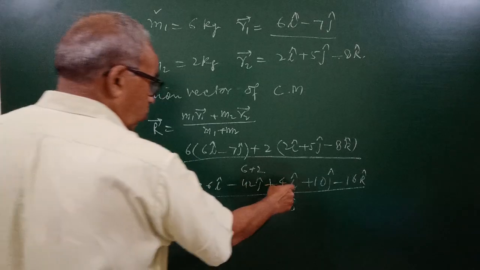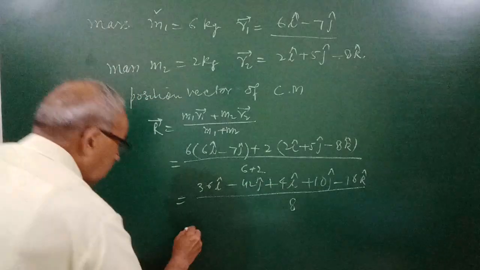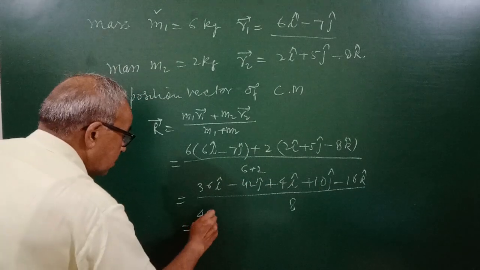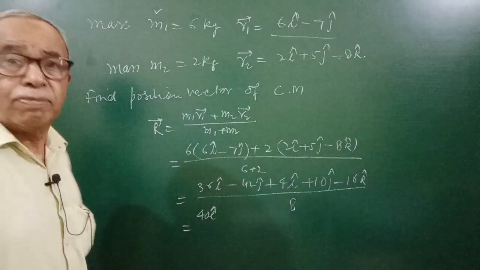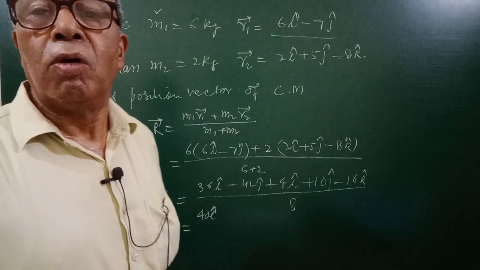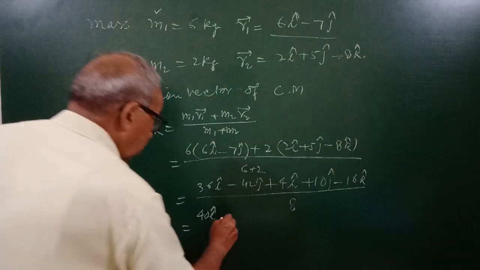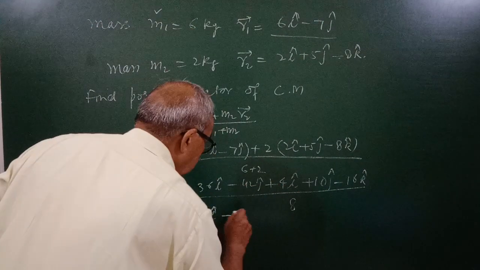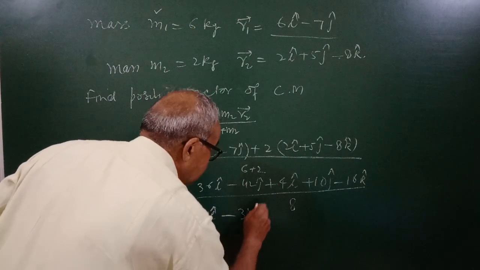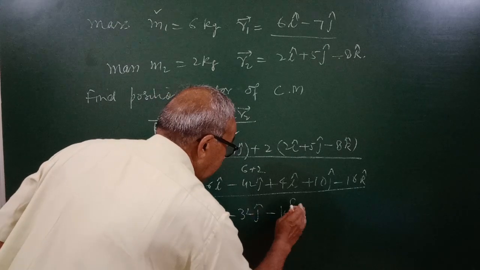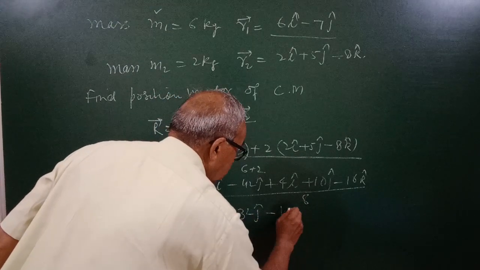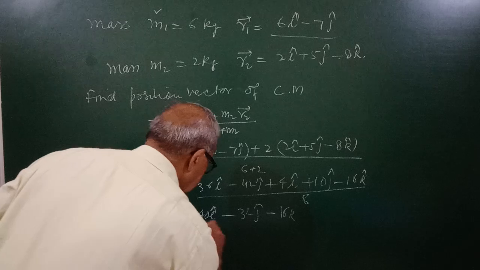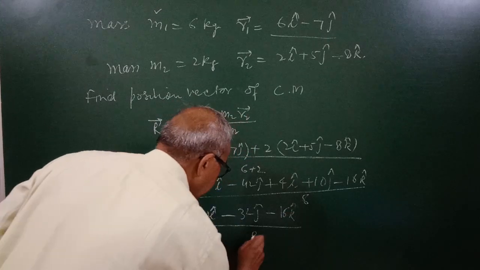36i cap plus 4i cap gives you 40i cap. 40i cap, minus 42 plus 10 is 32j cap, minus 16k cap, upon 8.